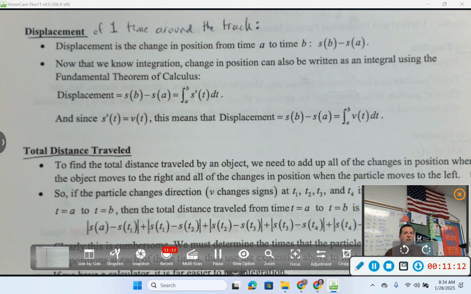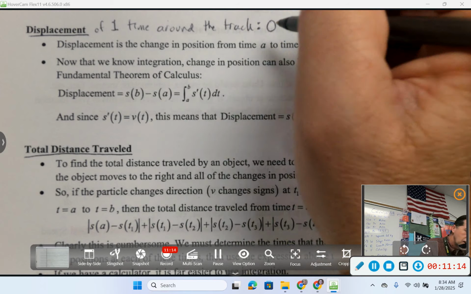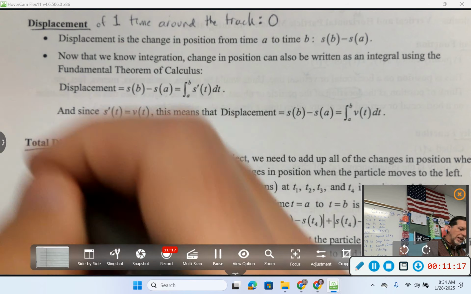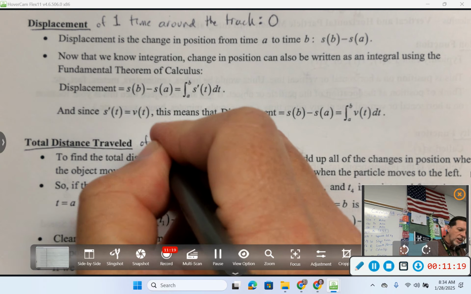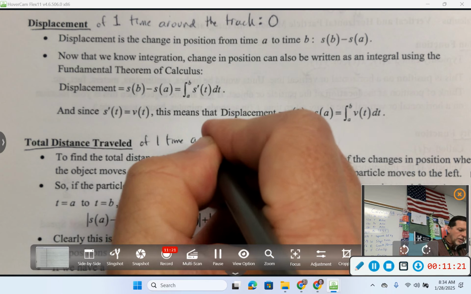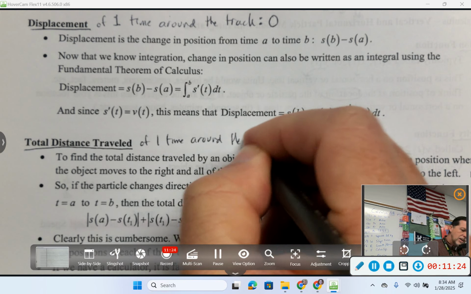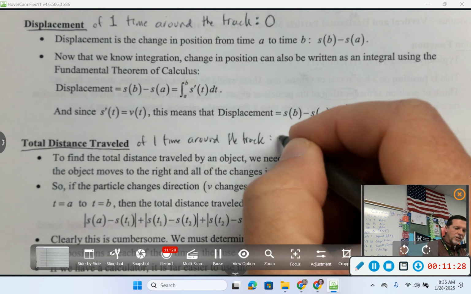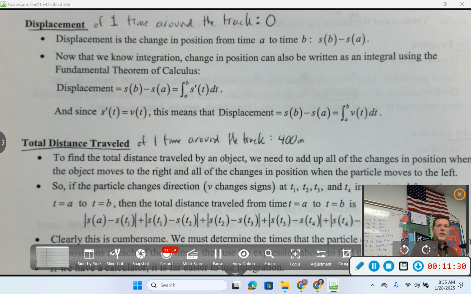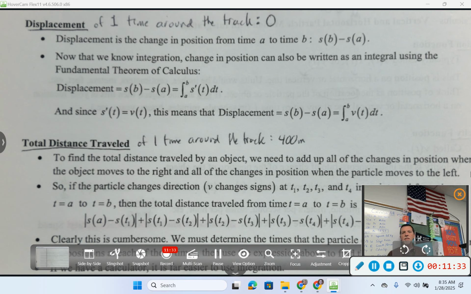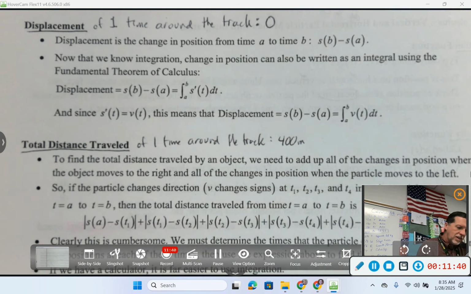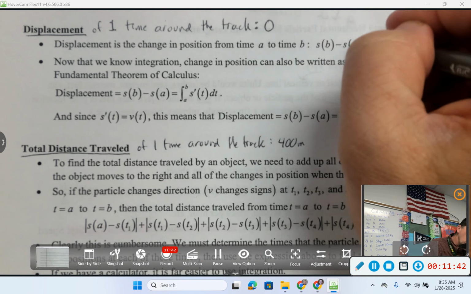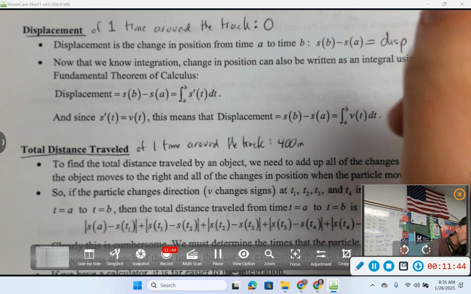Zero, because you haven't gone anywhere. As opposed to, we'll go a little out of order here, total distance traveled one time around the track. Fourth of a mile, 400 meters. But the main thing is displacement versus total distance. Displacement is just where you are minus where you were.